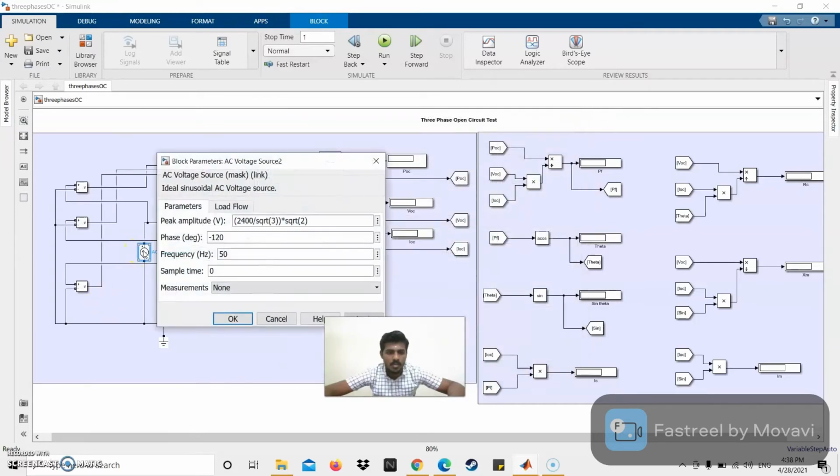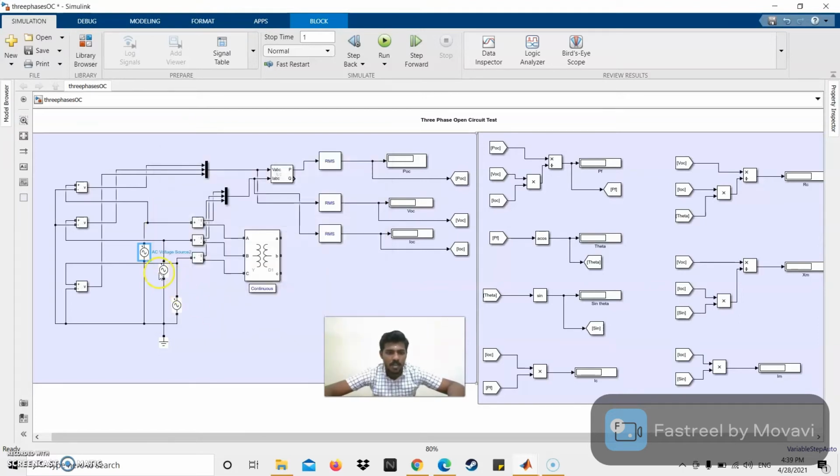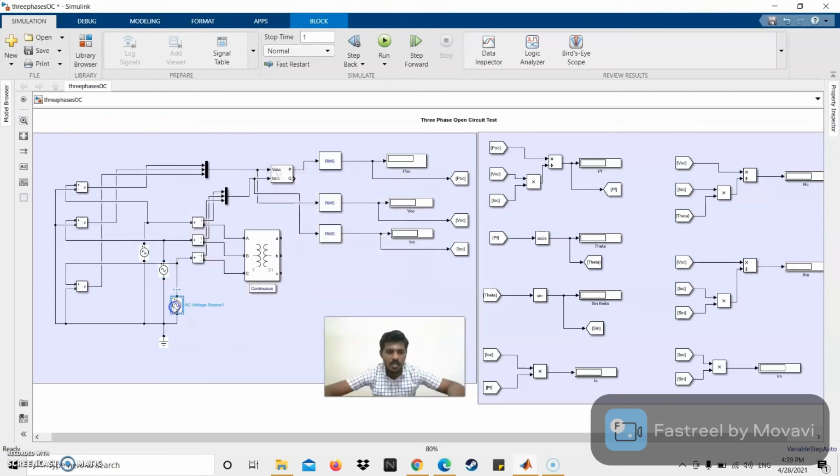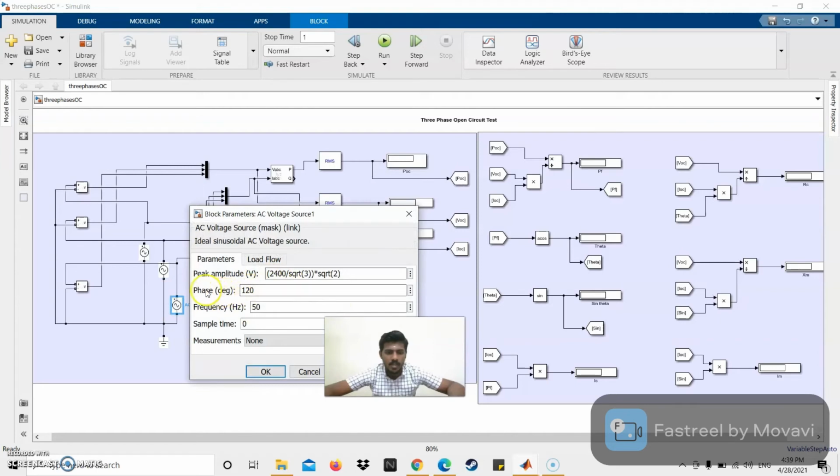The voltage for the first is 240 square root of 2, and then times square root of 2, because it is three-phase, so we have to do the calculation with square root 3, and then the phase degree is -20, the frequency 150, and the second is also the same, and here the difference is phase degree is 0, and frequency is the same, 50, and then again phase degree 120.